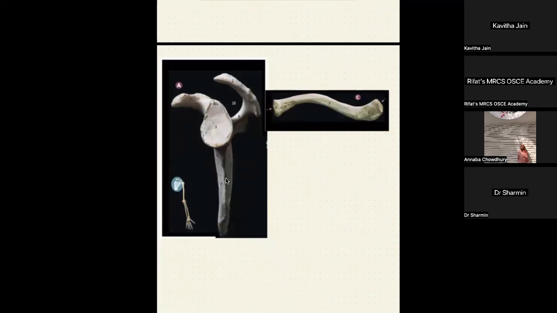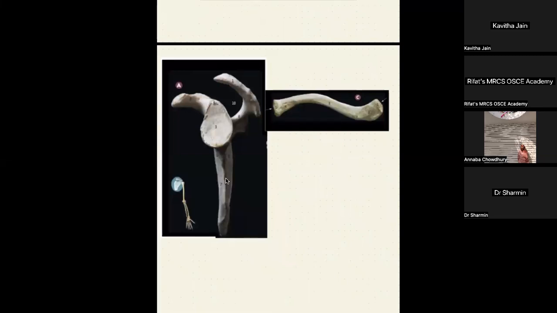There is a costoclavicular impression for the costoclavicular ligament near the head, and the inferior surface contains the subclavian groove. These are the most important things.